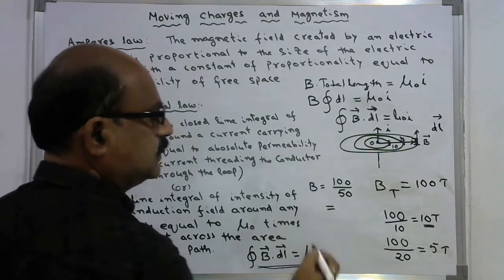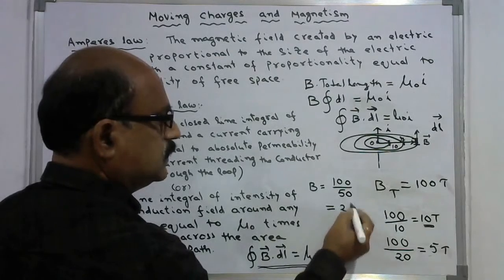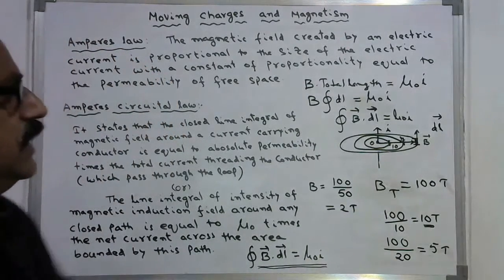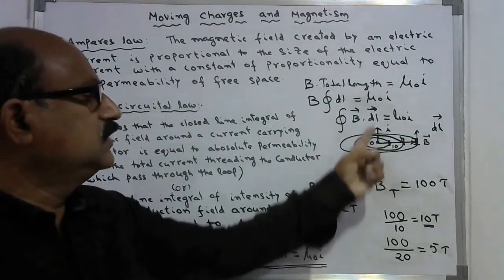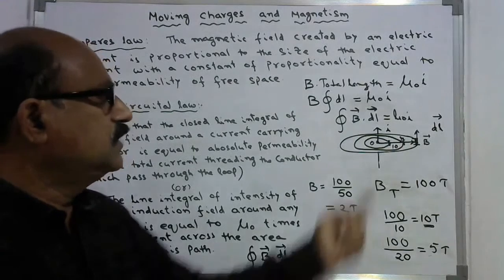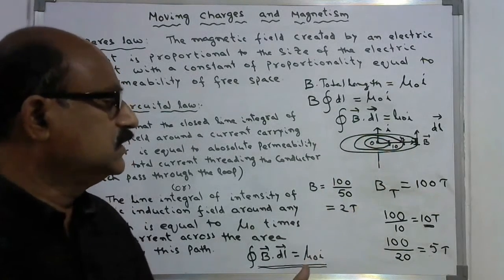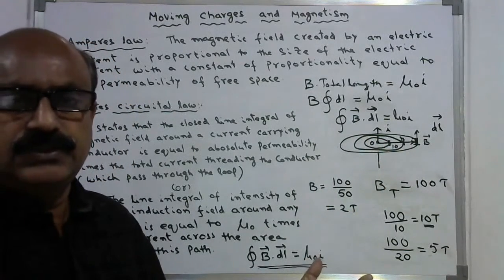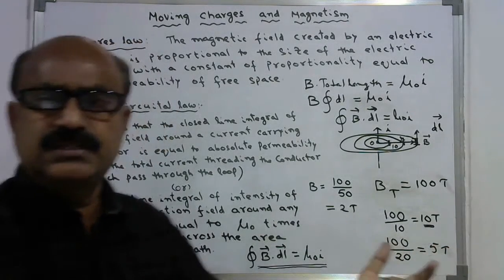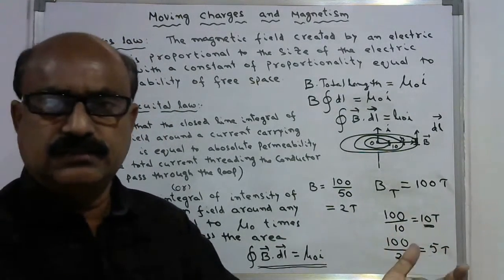Then what happened? You will be getting 2 Tesla. So, as the distance from the conductor increases, the magnetic field is decreasing. So, as the radius is increasing, the magnetic field is decreasing.